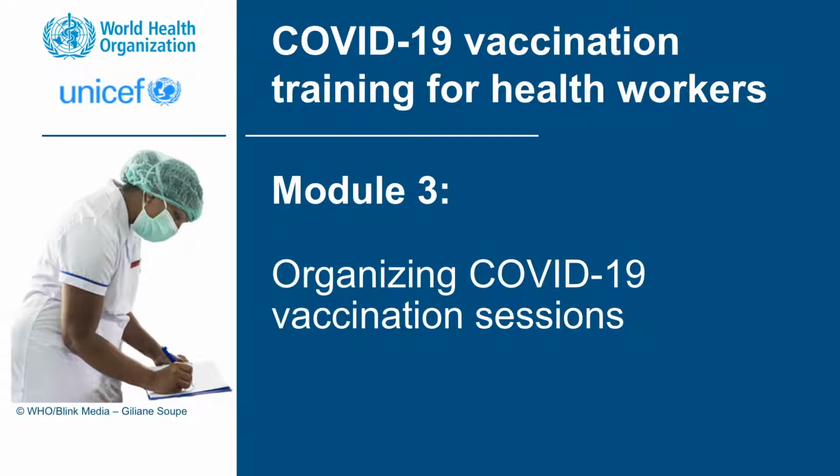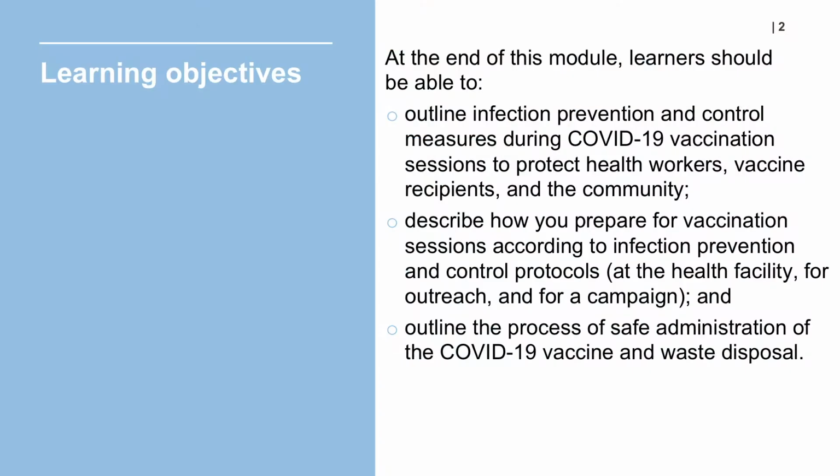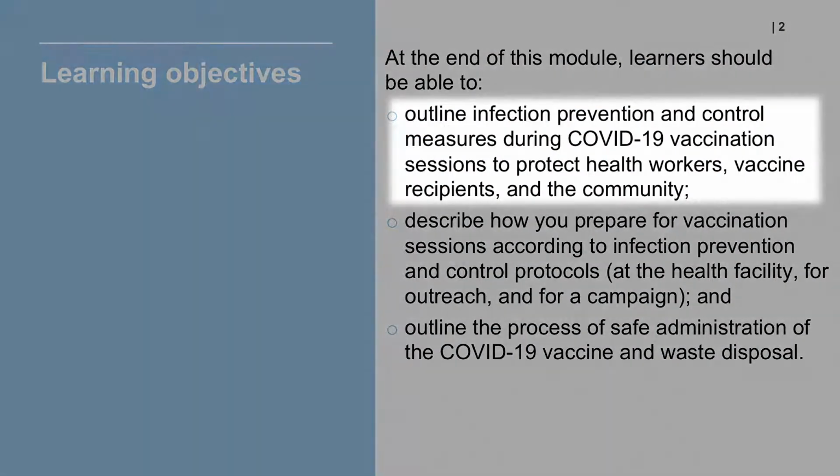Today, I would like to talk you through Module 3, Organizing Vaccination Sessions, which has a special focus on infection prevention and control measures. At the end of this module, you should be able to outline the infection prevention and control measures during vaccination sessions to protect health workers, vaccine recipients, and the community.